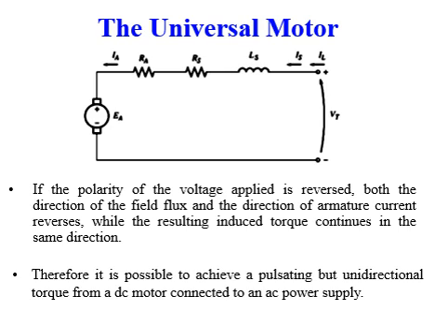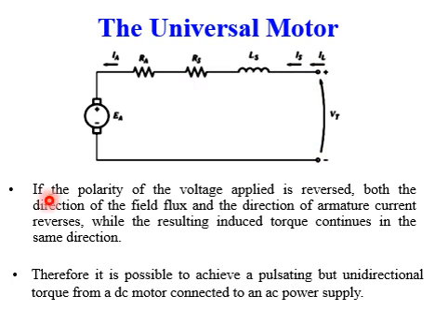Now we will discuss some points. First of all, this is a basic diagram which shows a universal motor with internal voltage EA, resistance and inductance, and this is the terminal voltage VT.